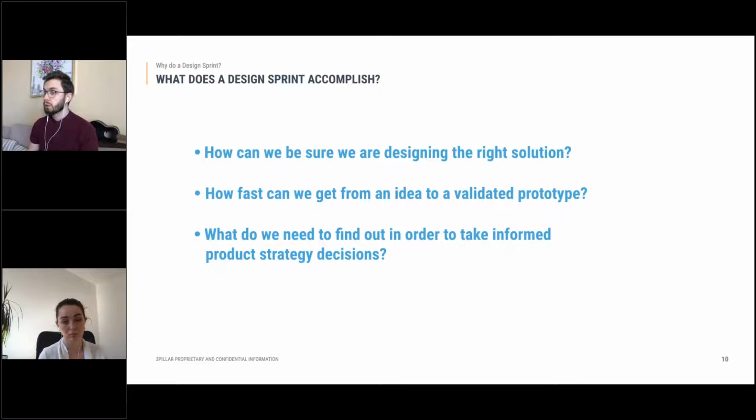Also, you can take an idea and just get it to a validated prototype at a really fast pace. And also you would drill down into what you need to find out in order to take informed product strategy decisions in the future. This would be the summary.